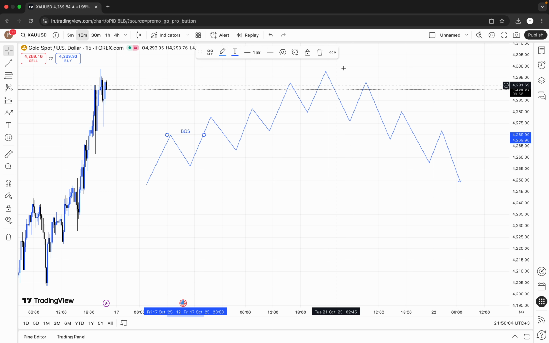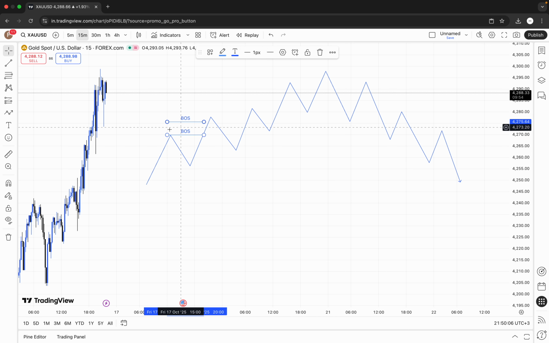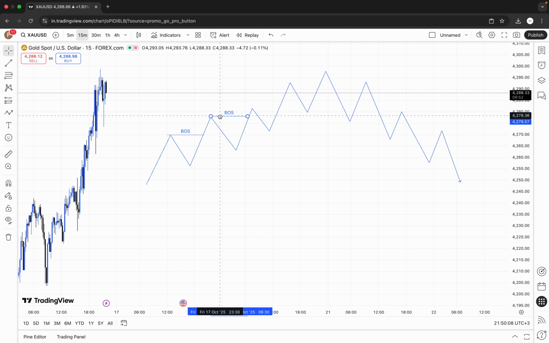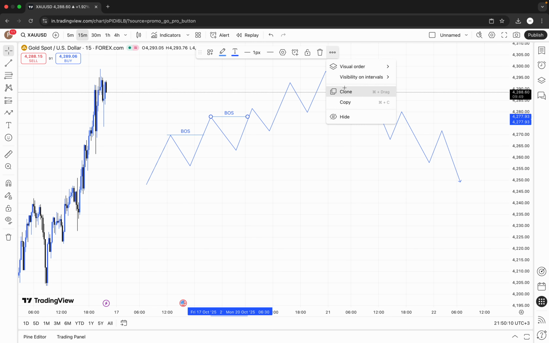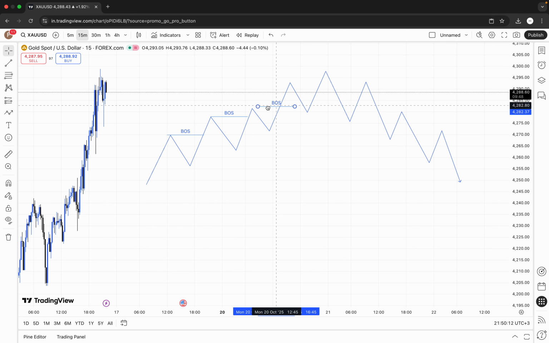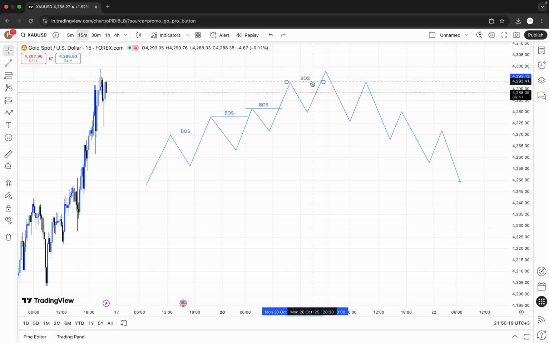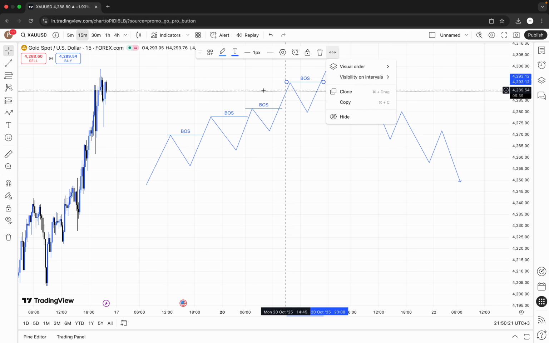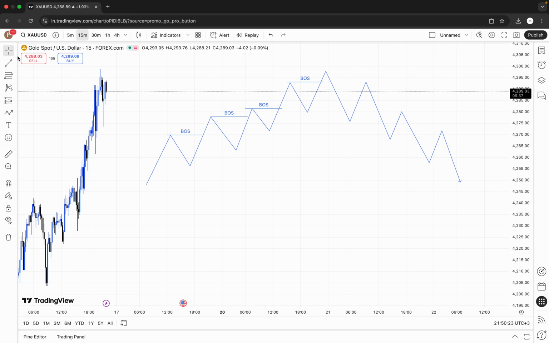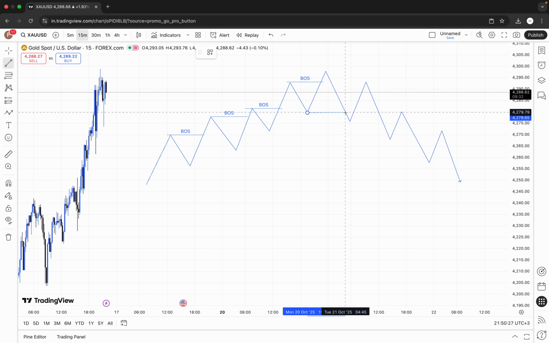And you have another breakout structure to the upside. Another breakout structure to the upside. We have another breakout. We have a change of character. Now here we get a change of character. This is a reversal.